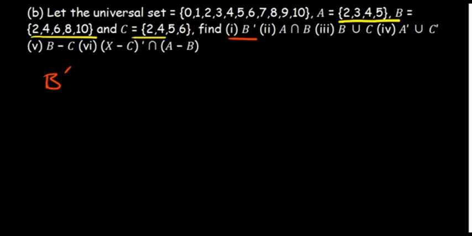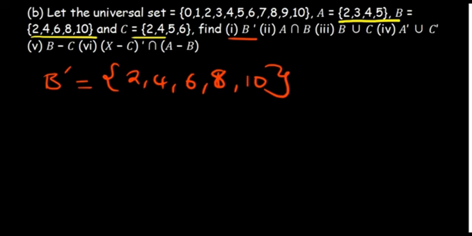So when you think of B complement, list your B. For your B, you've been given 2, 4, 6, 8, and 10. These are the members of B. But we're interested in the B complement, so I'll put a complement outside. A complement means the members that are not in this set, but are within the universal set.